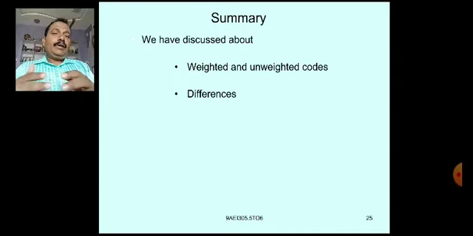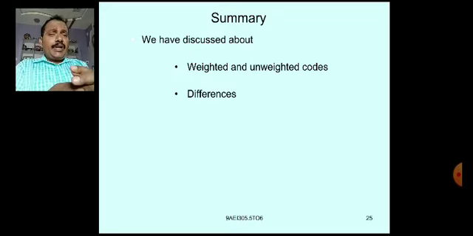So these are the weighted and unweighted codes we have discussed, and the conversions also, and the differences between weighted codes and unweighted codes. What are the differences? Weighted codes have positional weights. Unweighted codes do not have positional weights. What are the examples?